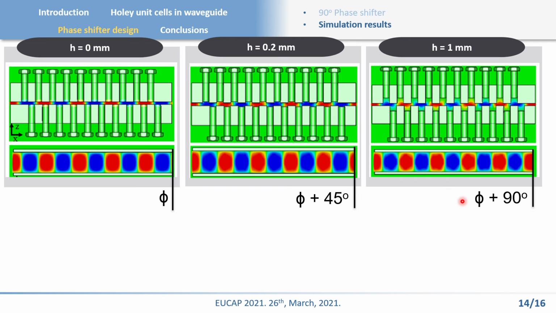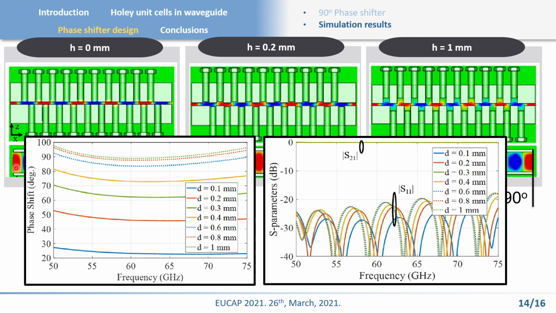These electric fields are at one frequency, but if we represent the obtained phase shift along the frequency, we observe a flat response in all the screw positions, and it is due to the parallel behavior of the Holey Glide-symmetric unit cell compared with the reference waveguide.